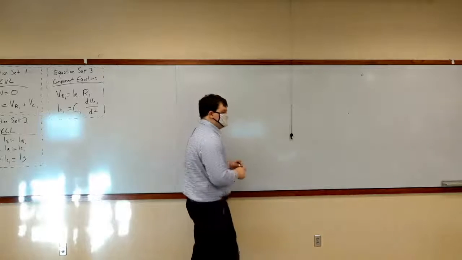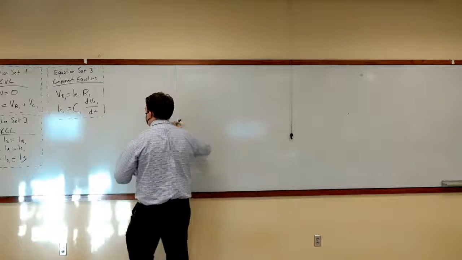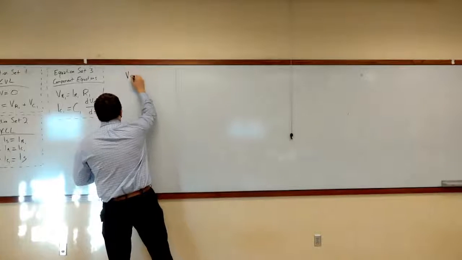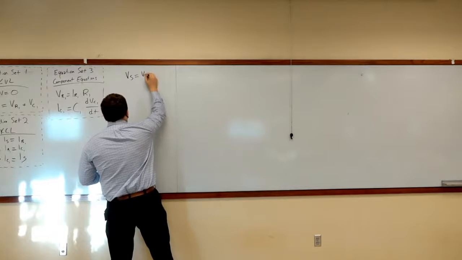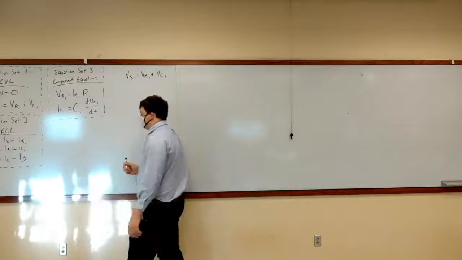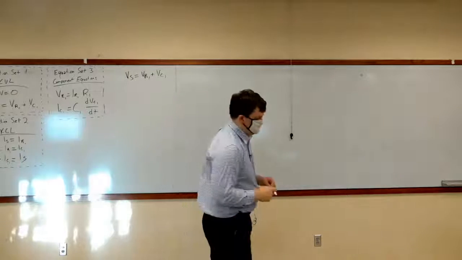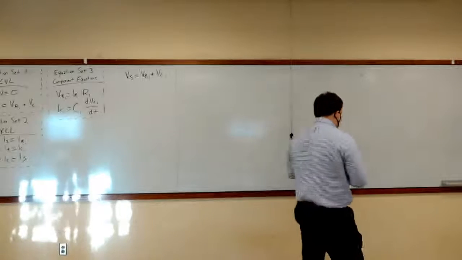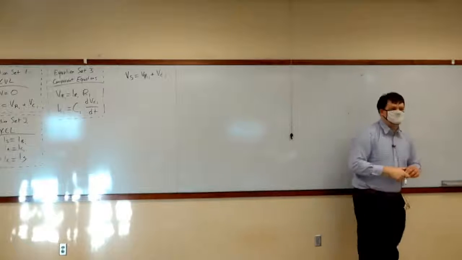It just makes sense. So I'll write that again over here. Vs is equal to VR1 plus VC1. Nothing groundbreaking yet. It's just KVL.